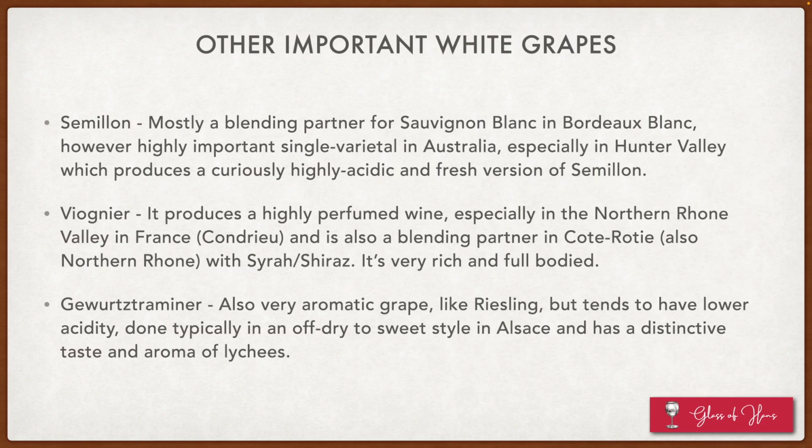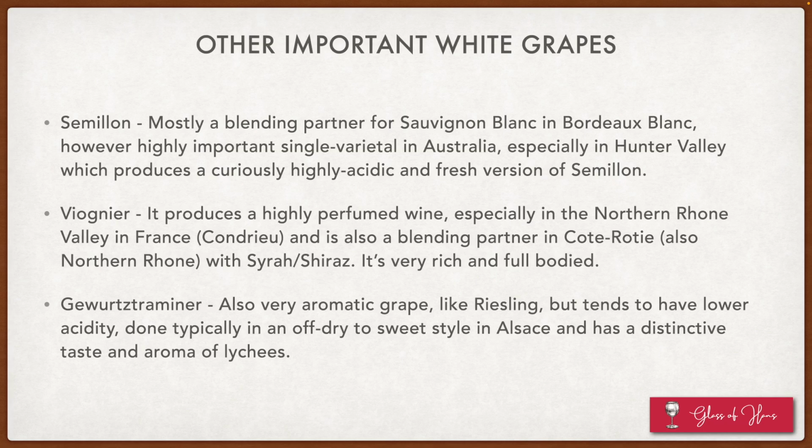Some other important white grapes include Semillon. The main thing to remember, Semillon is a blending partner in Bordeaux Blanc, or it's a single variety in Australia, especially in Hunter Valley, which produces a very interesting Semillon, which I personally like. It's, to me, like the Australian version of Chablis. And then you've got Viognier, which produces a very, very perfumed wine, especially Northern Rhone in Condrieu.